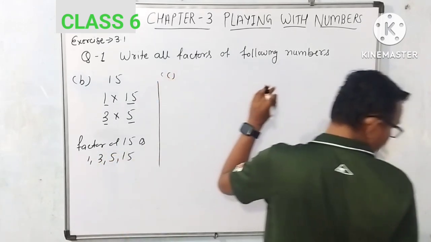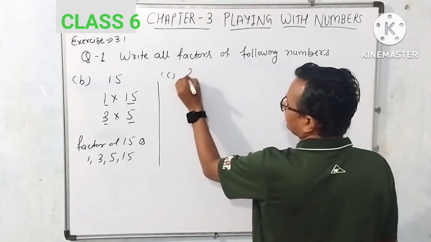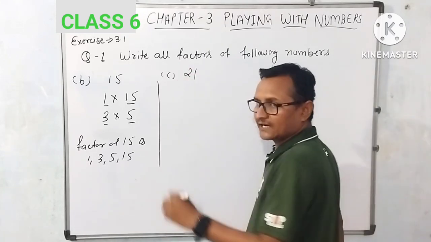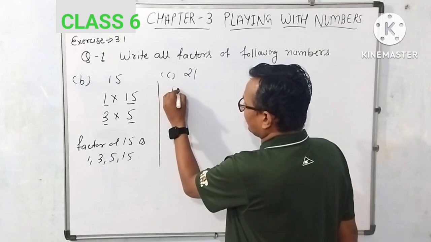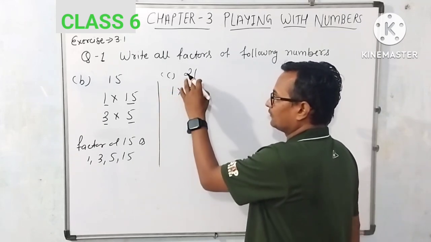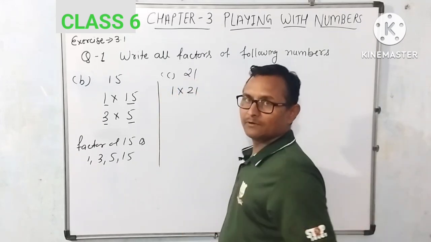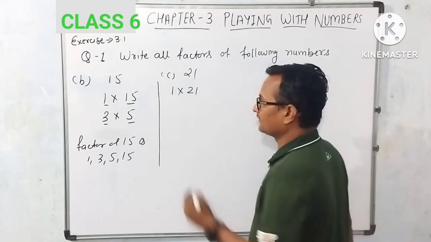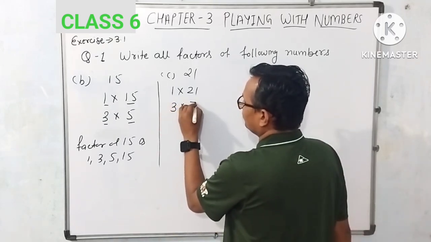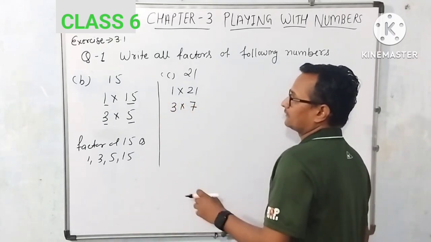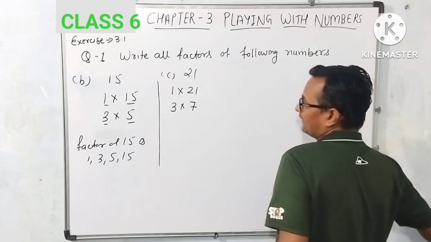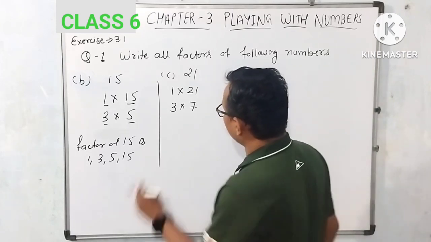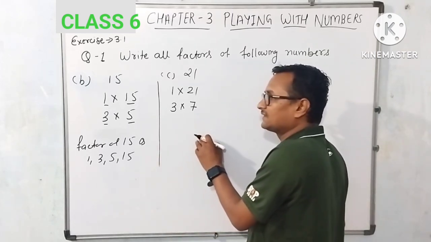C, 21. Here also we have to start from 1. 1 into 21. It does not come in the table of 2. It comes in the table of 3. 3 7s are 21. Then 4, 5, 6, 7. Again it comes in the table of 7. 7 3s are 21.